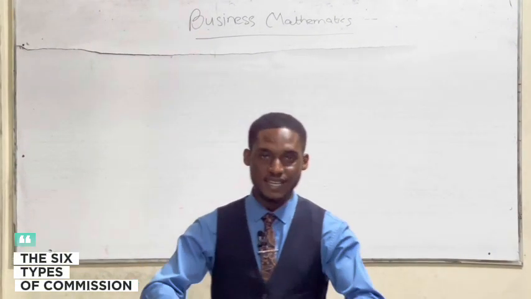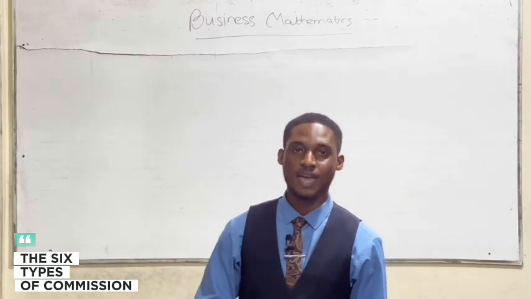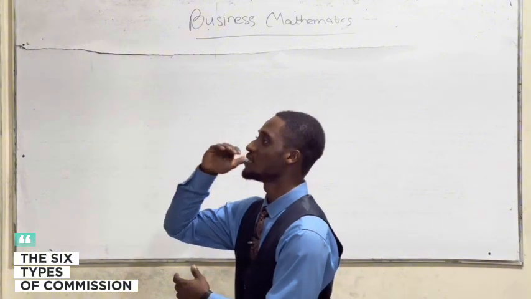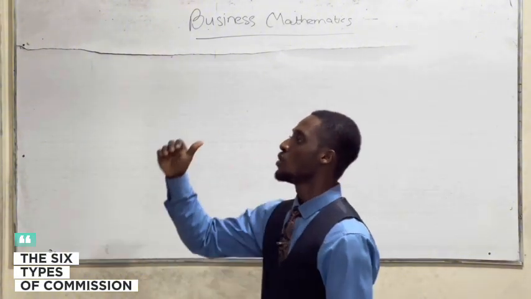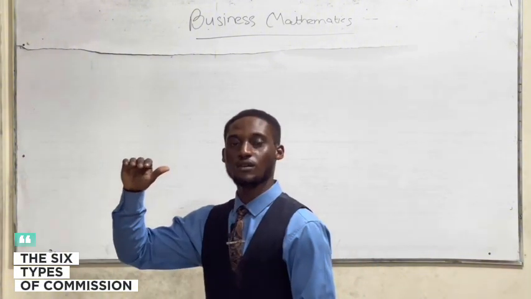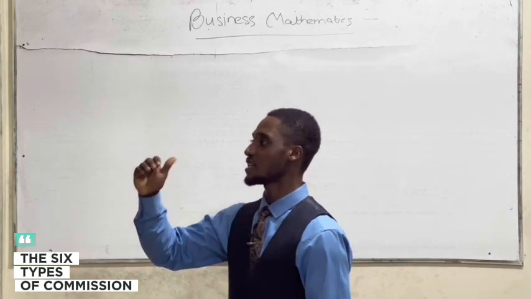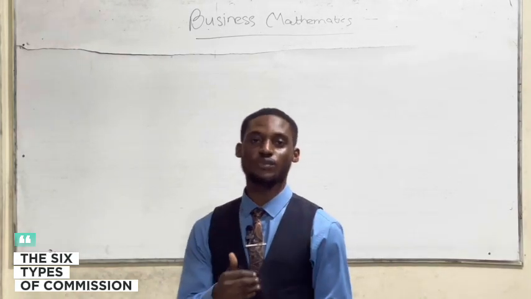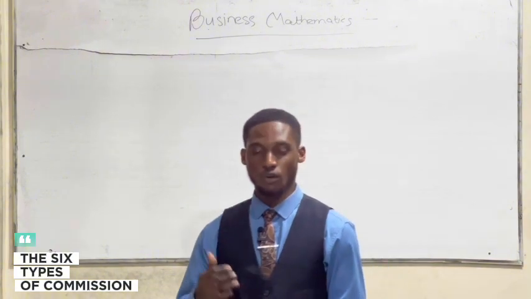If I make a second 100 cedis sales, I get 10%. So this should tell you that it's in stages, it's in levels. The first 100 cedis sales I make, I get 6%. The second 100 cedis sales I make, I get 10%. This is what we mean by graduated commission.